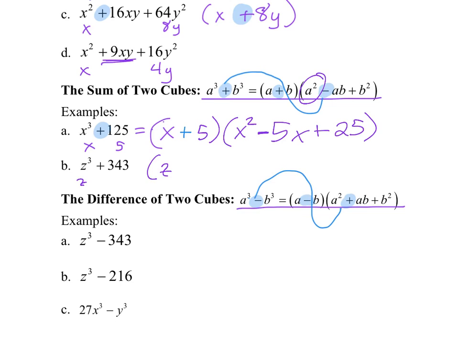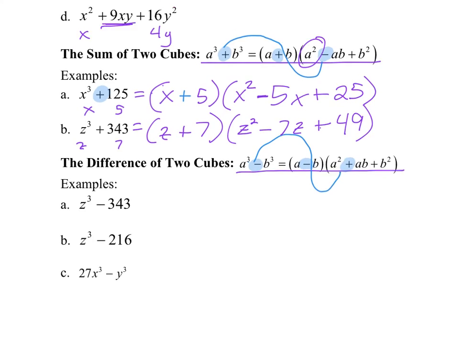So it's 7. All right. So same symbol, 7. Z squared. Flip the symbol, 7z plus 7 squared, which is 49. Okay, so that's my factoring pattern.